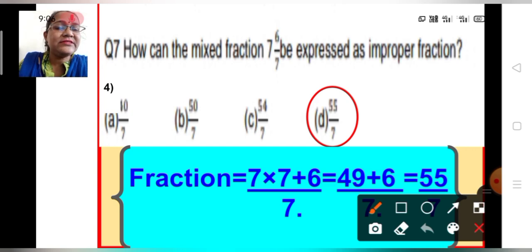So we will get 7 sevens are 49 plus 6 divided by 7. So if you add this sum, you will get 55 upon 7. So the required answer is the D one, and you are going to click on D option.